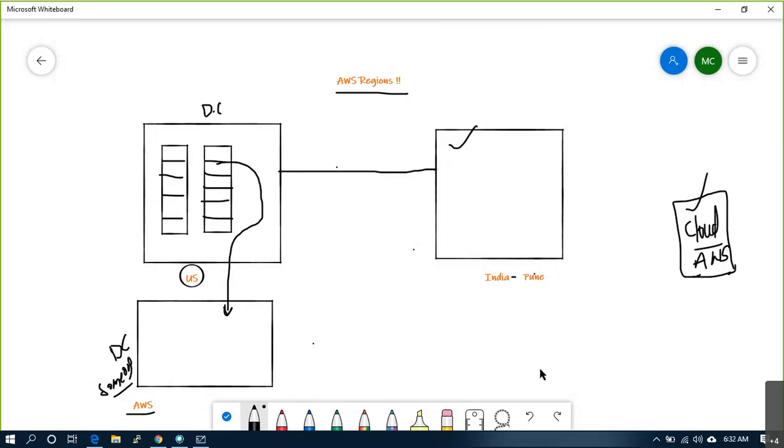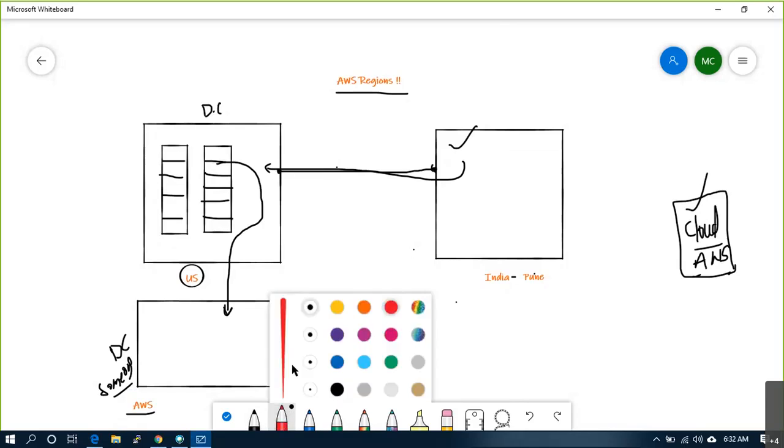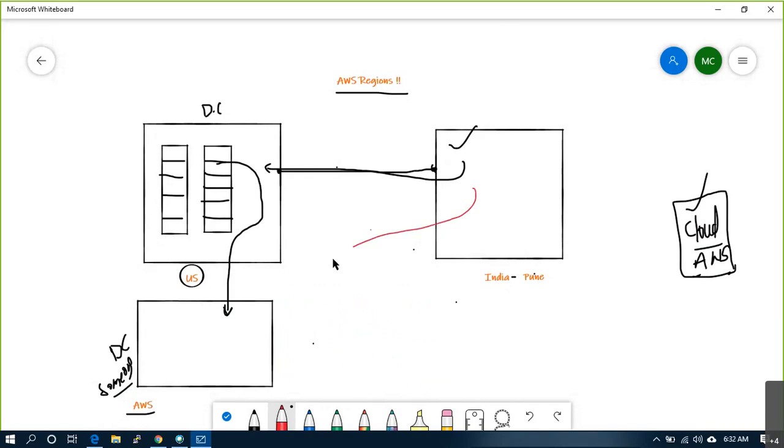In short, previously you were accessing your business, your servers, your applications like this. Eventually, after a few months, your aim is to migrate everything over here, and you people access everything from here. So what does it have?